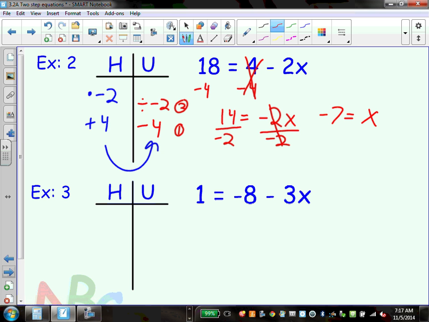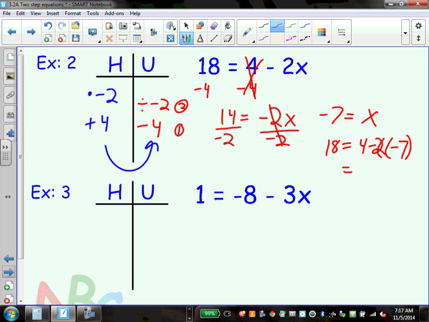Again, not too hard to check our answer, so let's just take a moment of time to do that. All we have to do is plug it in to the equation. So we have 18 equals 4 minus 2 times, and we got negative 7 as our answer.